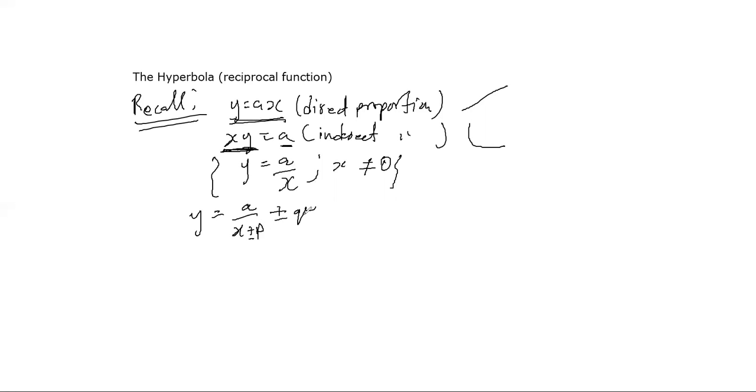Then P and Q are still the same shifts. This remains our horizontal shift, and that remains our vertical shift. So let me write it again in a different form, not really different, but in a case where A is negative, so that you can remember what we have in that case.